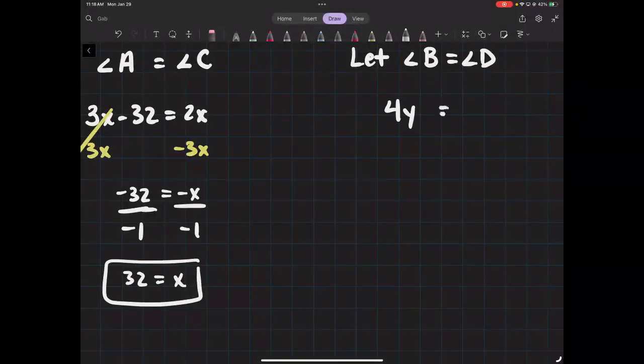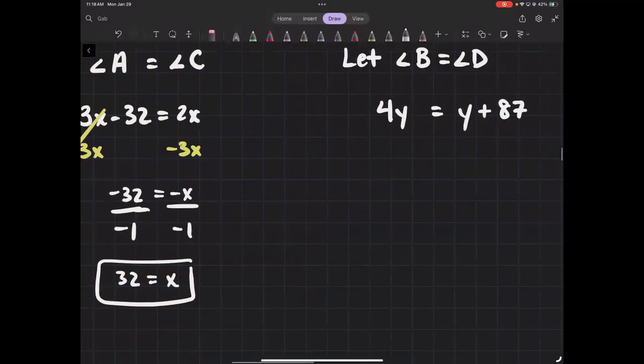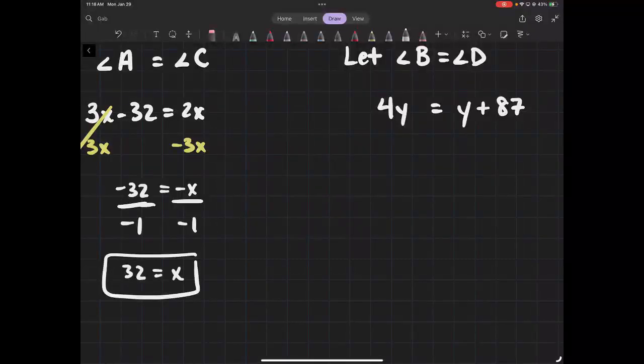Angle D was y, just y by itself, plus 87? Yeah. Great. Okay, Kevin, I'm doing this. Can you tell me the step? Subtract y from both sides.